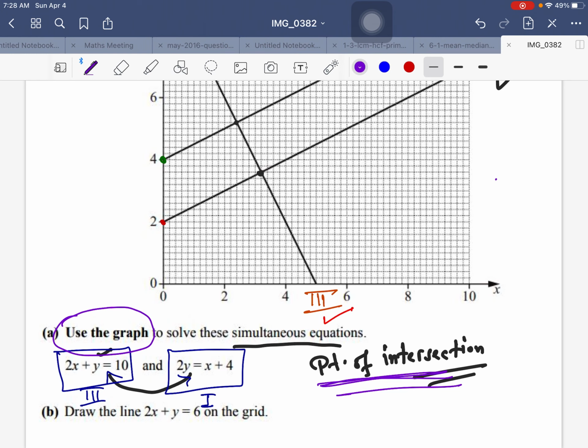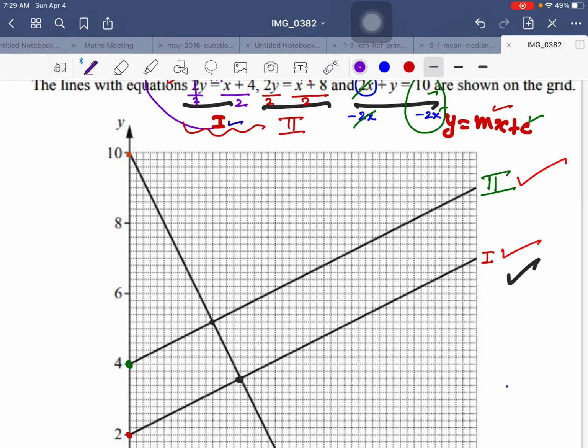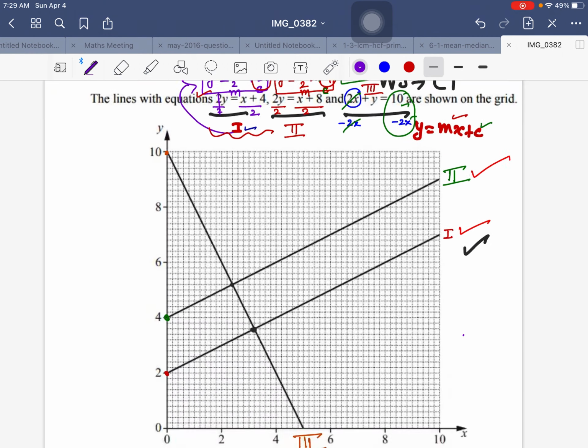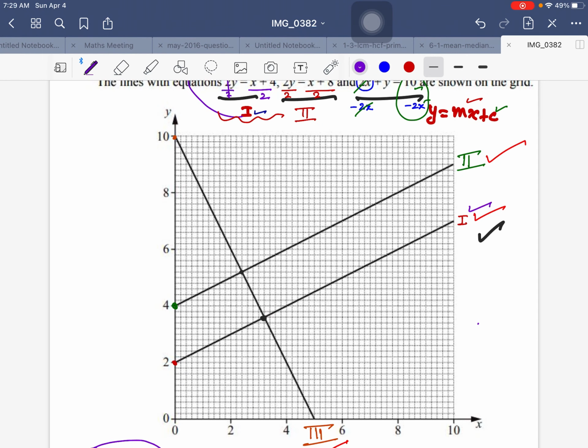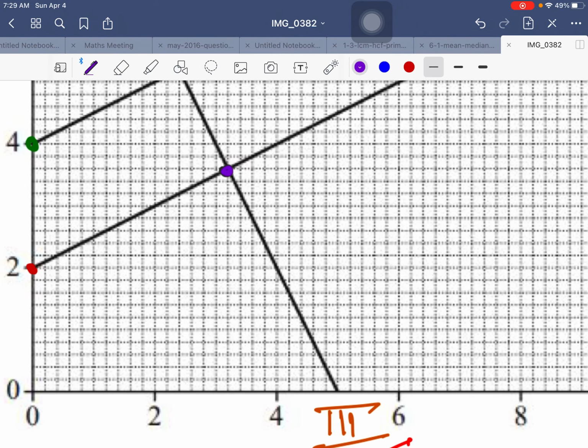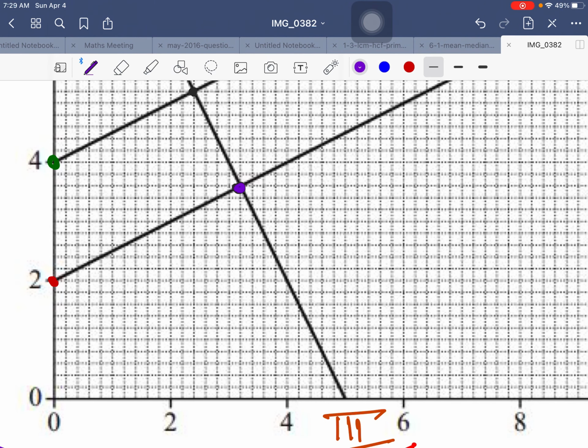I told you earlier, the point of intersection will be the combined solution of these two simultaneous equations. So equation 1 and 3. Look at graph 1 and 3 here. We know that this is graph 1, this is graph 3, and their point of intersection is this one. So zoom in to look for the point of intersection.